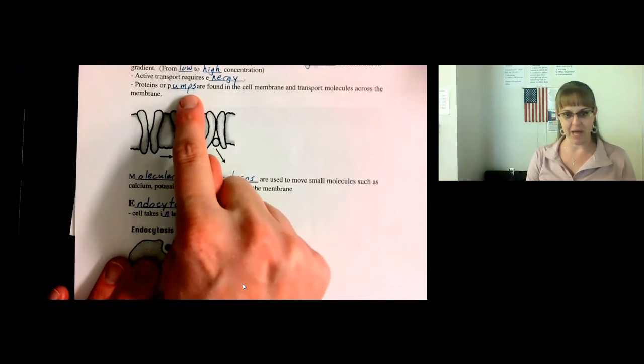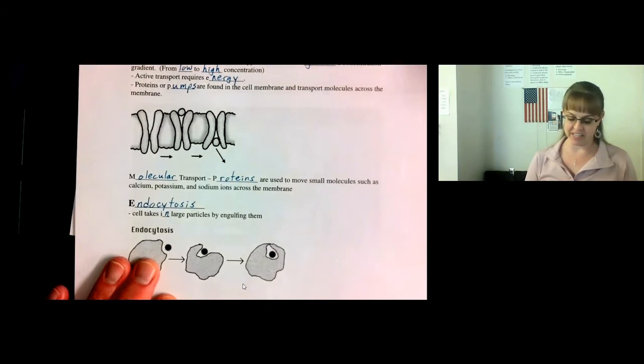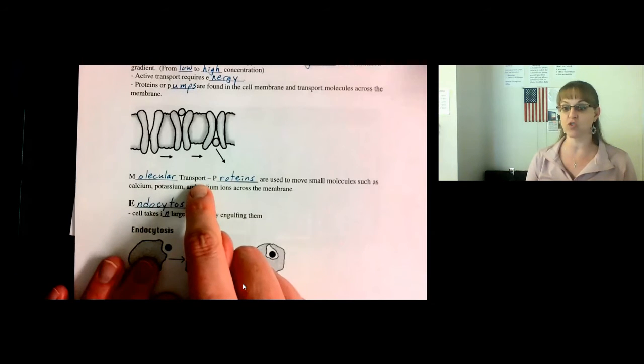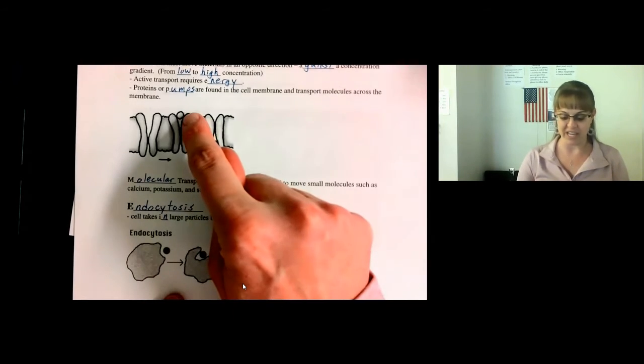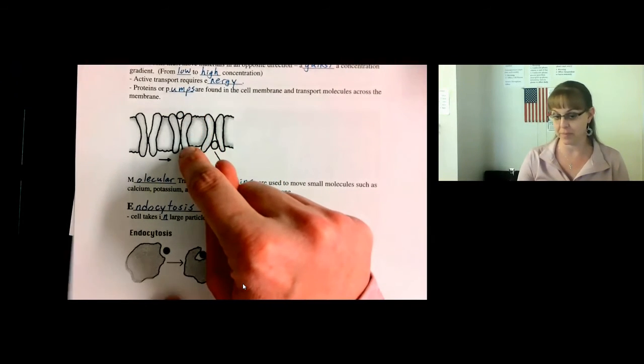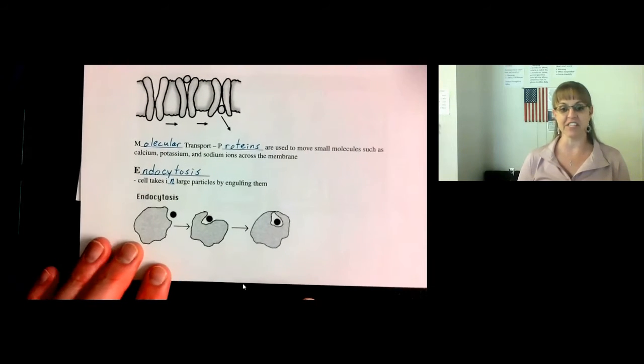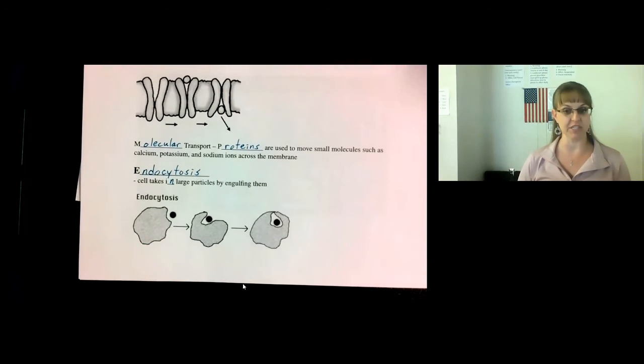So a protein pump is what does this molecular transport. It transports the molecules through the pump into the cell. But what if the molecule is so big it can't even make it through the pump? That's when the cell will do either endocytosis or exocytosis.